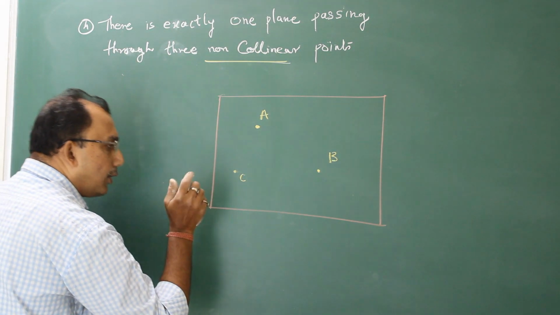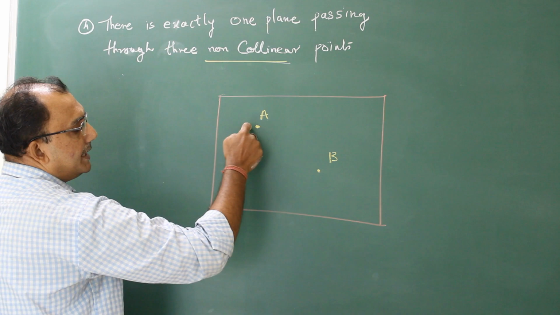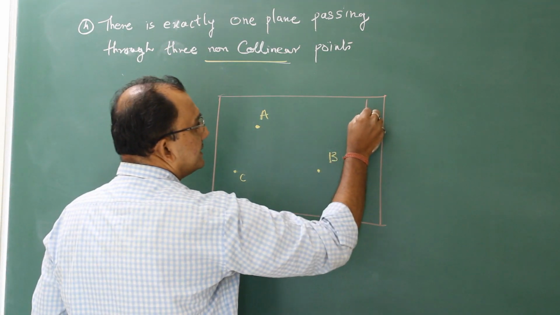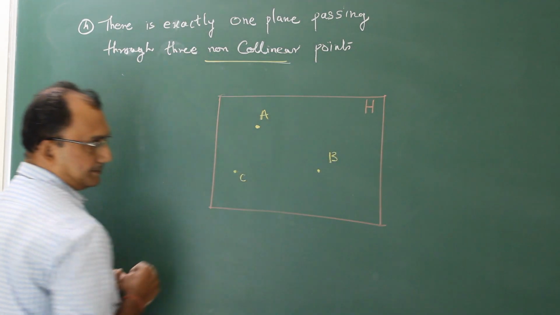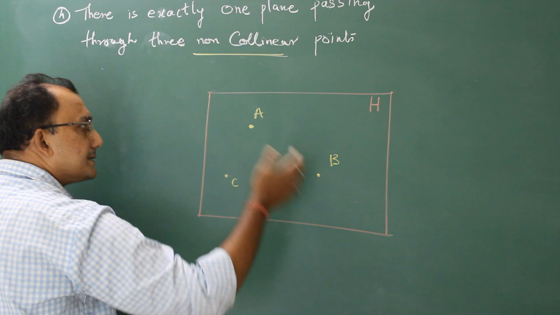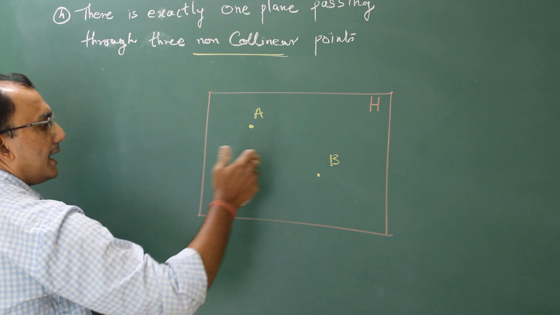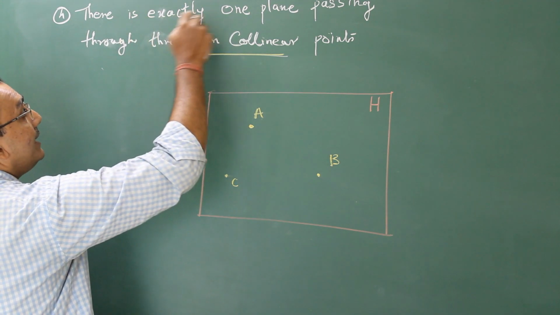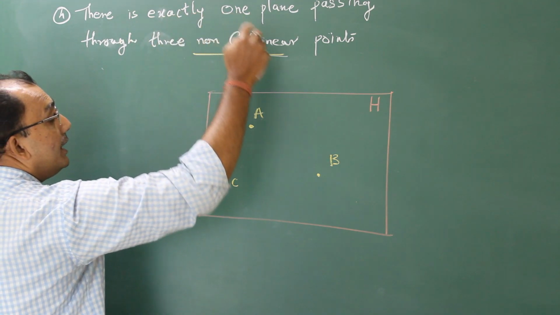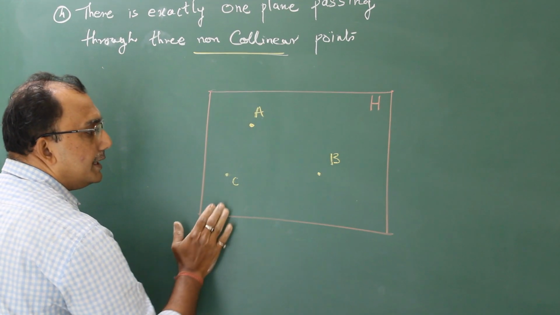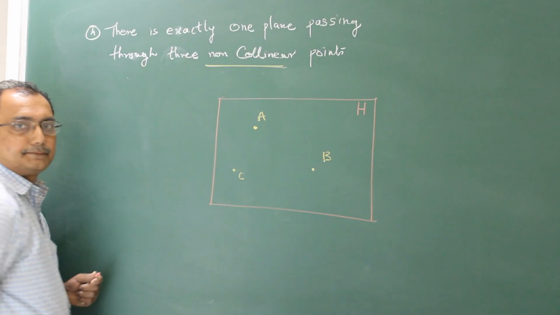This is the only plane which can contain points A, B and C. This plane we can represent by the name H. It means that plane H contains points A, B and C, and this is exactly one, that is one and only one plane which will contain all these three non-collinear points.